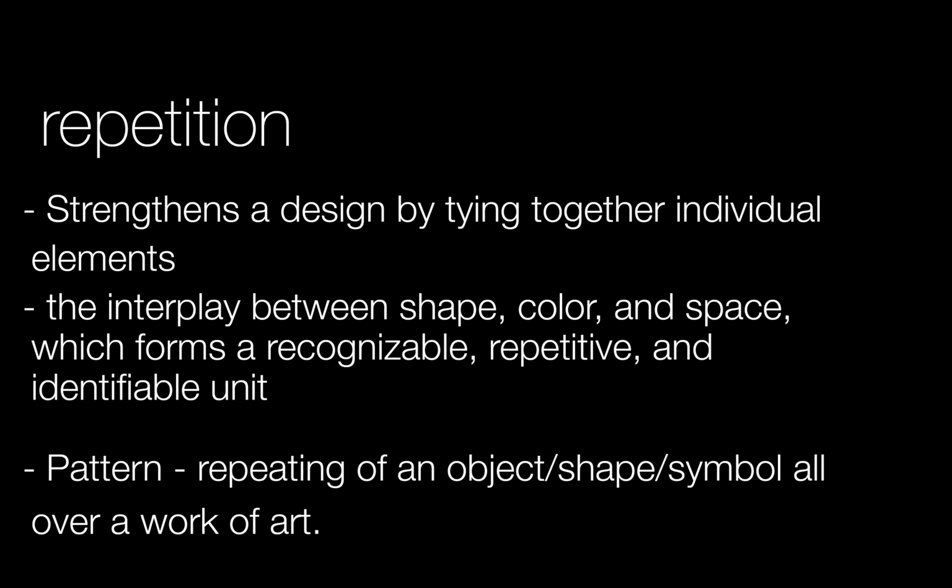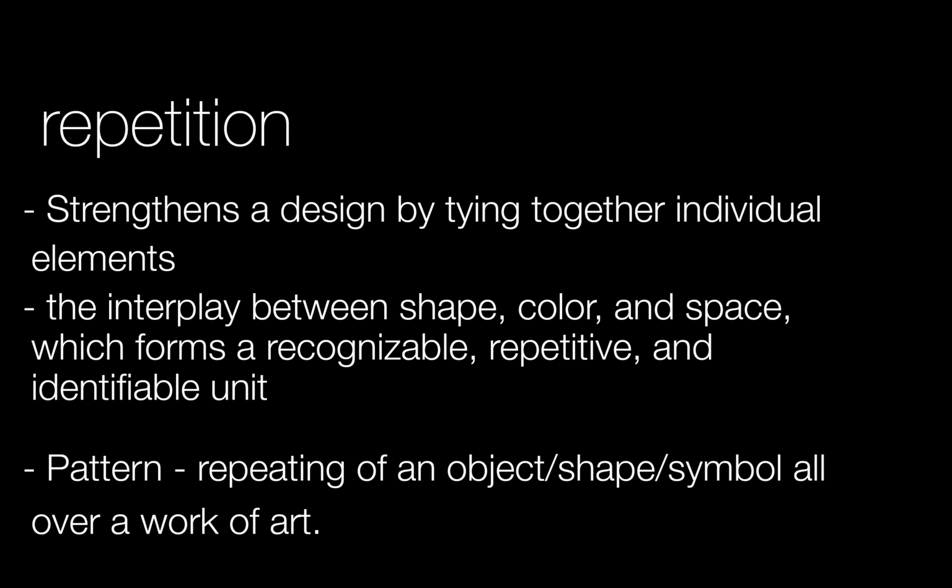For example, we can always tell what a Coke commercial is because it's always going to use that red color. And we'll repeat that use no matter what, whether it's Taylor Swift in the commercial or just some little boy having his first sip. I don't know. So because we have that repetition of that color, we're able to make a recognizable and identifiable unit, in this case with the brand.